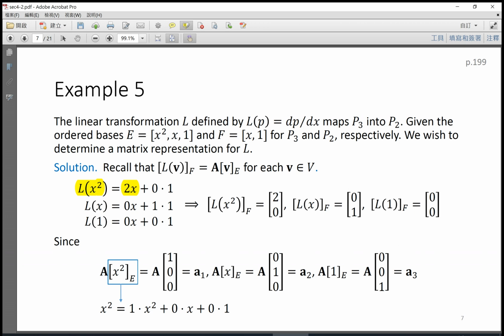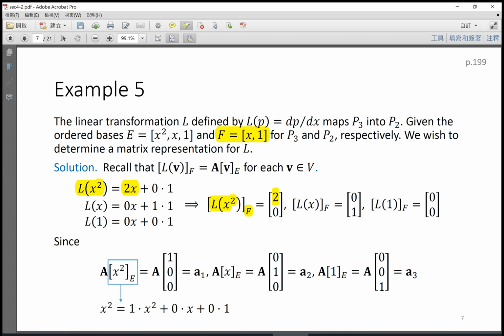Then we need to express 2x as a linear combination of basis F, because we want to compute the coordinate of L of x squared with respect to F. It is easy to do this because F is a standard basis. 2x equals 2 times x plus 0 times 1. Hence, the coordinate of L of x squared with respect to F equals 2, 0.